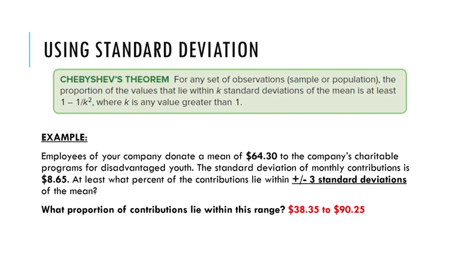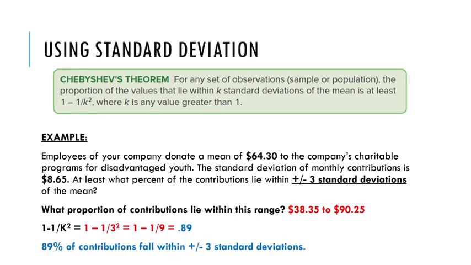Now that we have that, I can use my equation, 1 minus 1 divided by k squared. That's going to tell me what proportion lies within k standard deviations of the mean. But remember, we're interested in 3 standard deviations, so k is equal to 3 here.